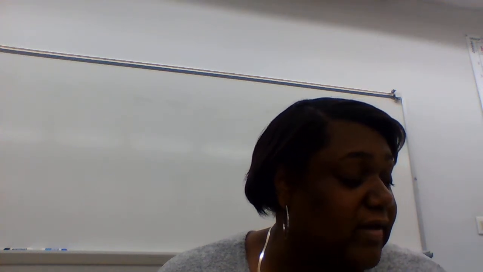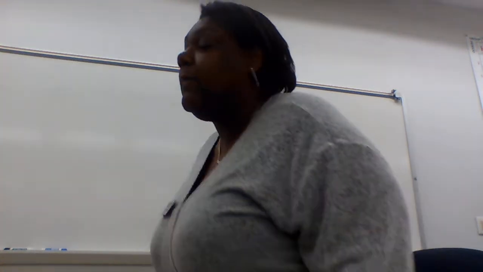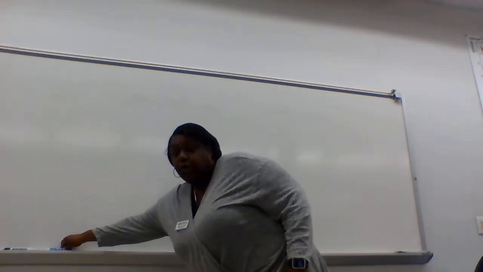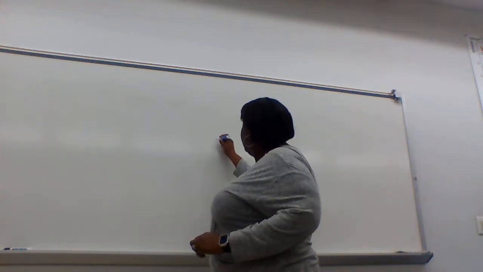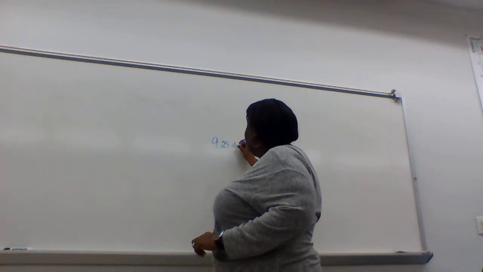And so your book does an example where you're converting from days to years. It gives you in the example 925 days, and it wants to know how many years that is. So when you set the problem up, remember, you're going to start with the 9.25 days.